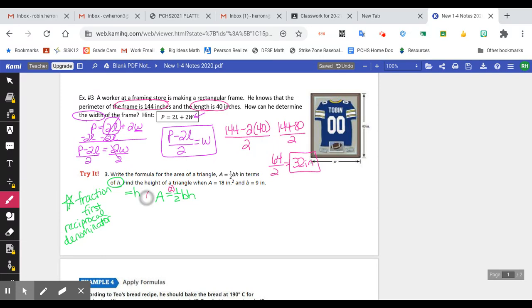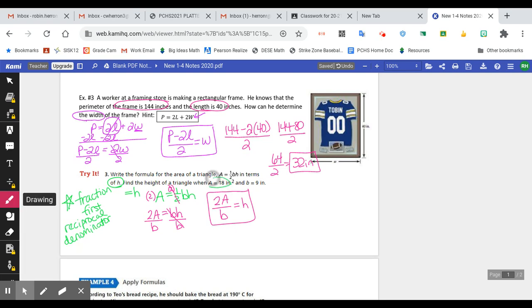So if I multiply by 2 on both sides, these cancel, and I'm left with 2a equals b times h. I want h to be by itself, so I'm going to divide both sides by b, and these cancel, and now I have 2a over b equals h. There's my equation.